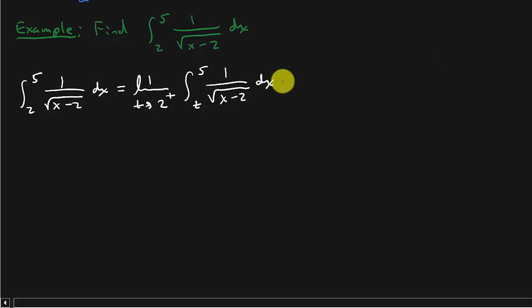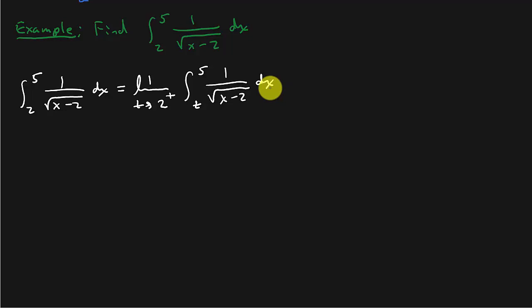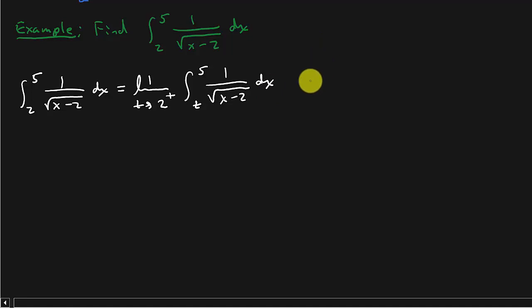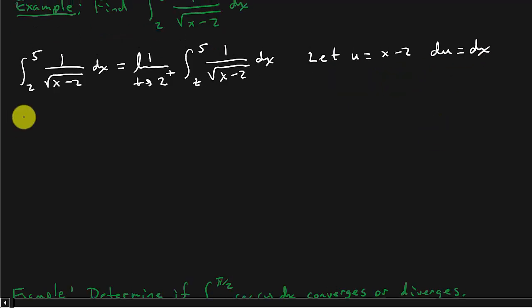And so now we have to integrate this thing. You're going to have to use u substitution. So you're going to let u equal x minus 2, du is dx.